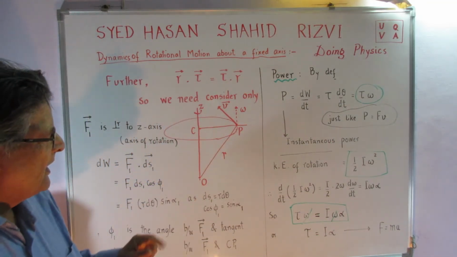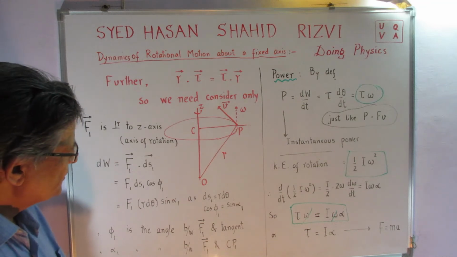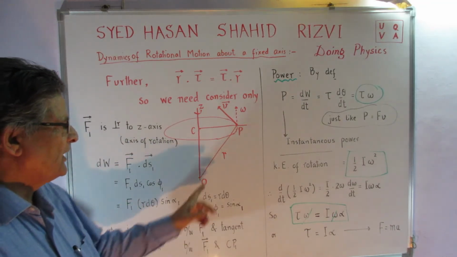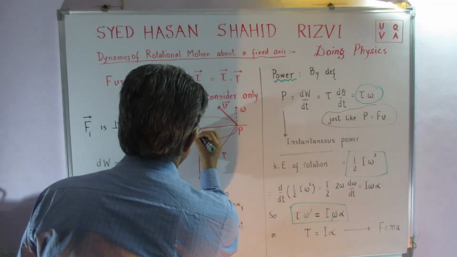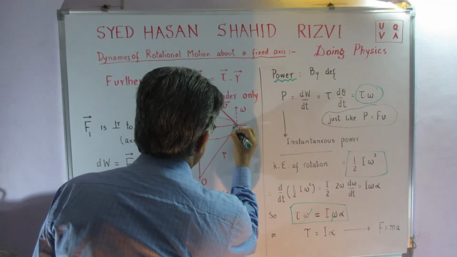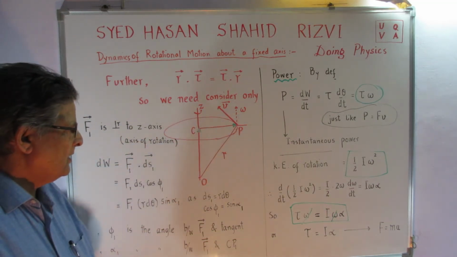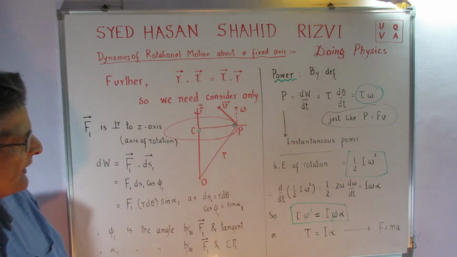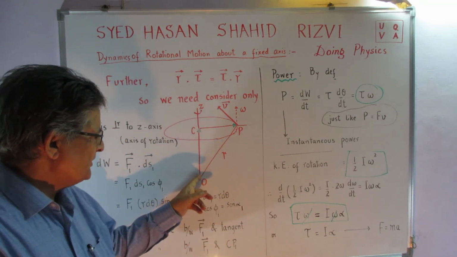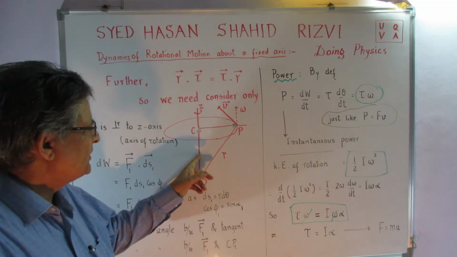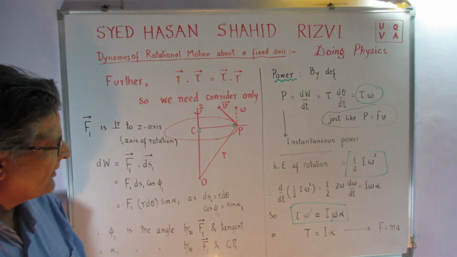By the way, to the question that was asked by Mr. Tawseef Ahmed, I want to tell you that this R which is taken over here has two parts, from O to C and from C to P. By the addition and subtraction of vectors, it doesn't matter whether this O is here or here, or you take the origin of the coordinate system anywhere.